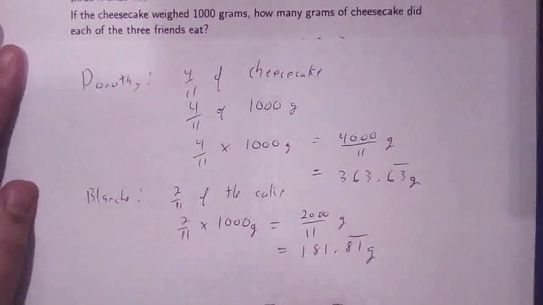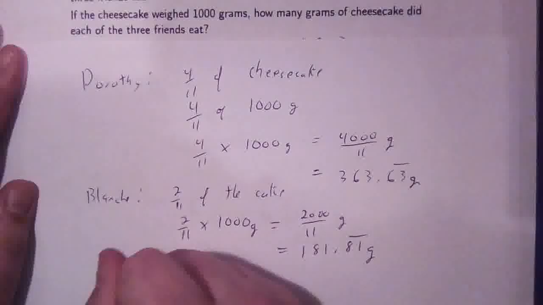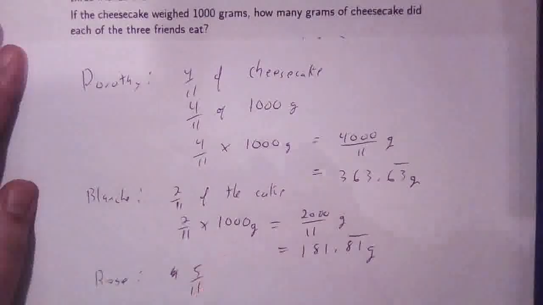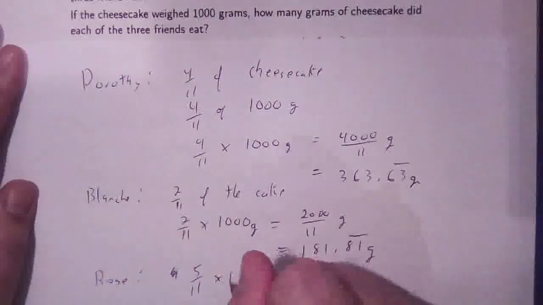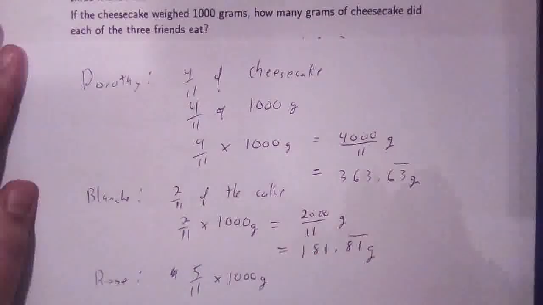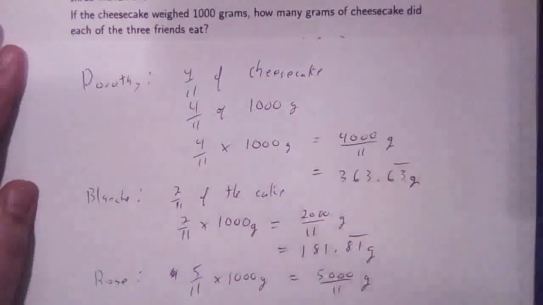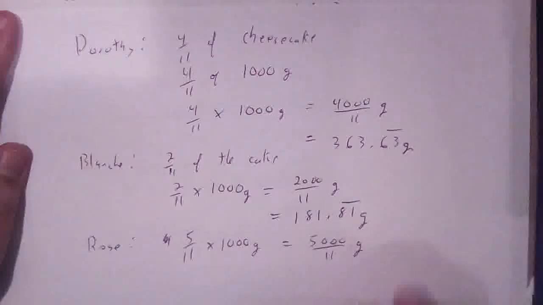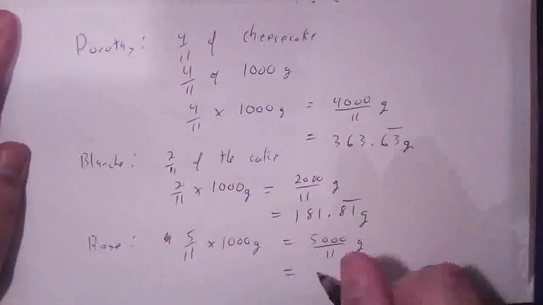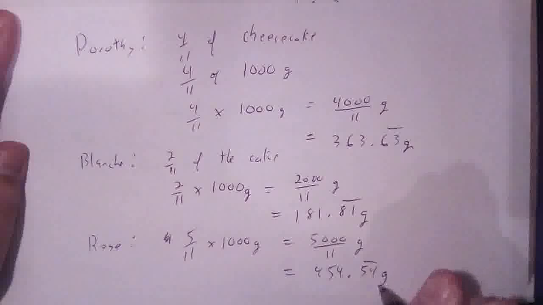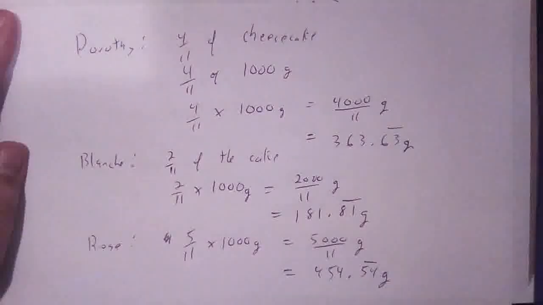And finally, for the last friend, we have Rose. She ate 5/11ths of the whole cheesecake, or 5/11ths of the 1,000 grams, or 5,000/11ths grams, which as a decimal would be 454.54 repeated grams.